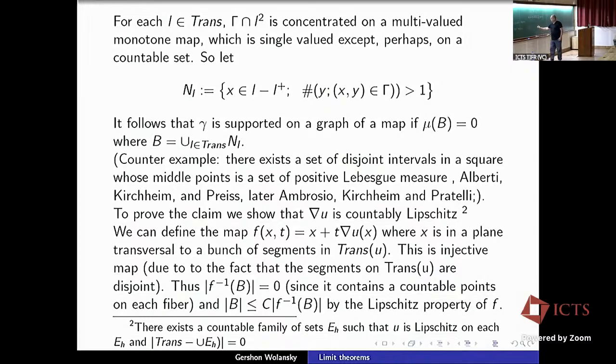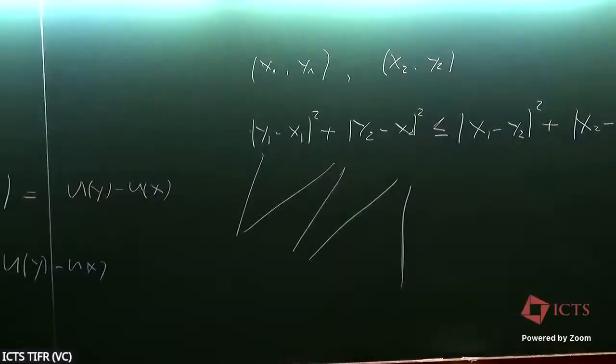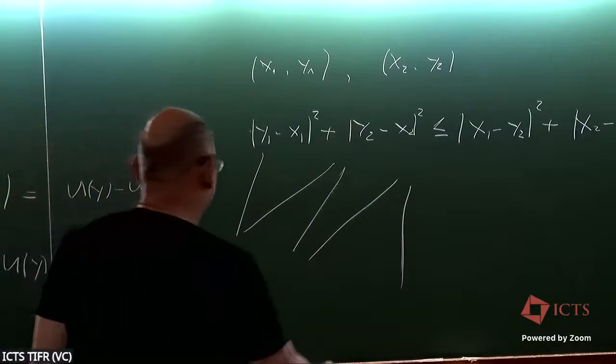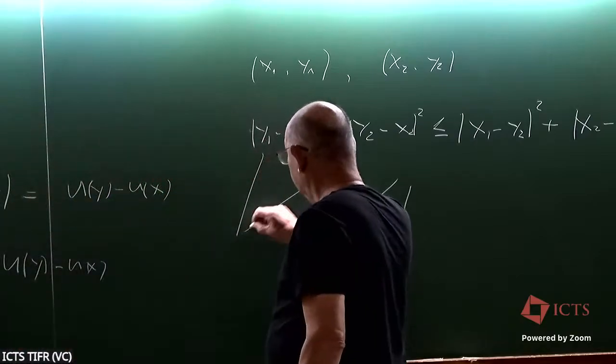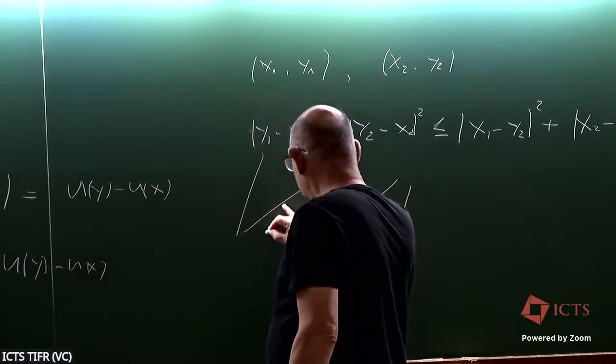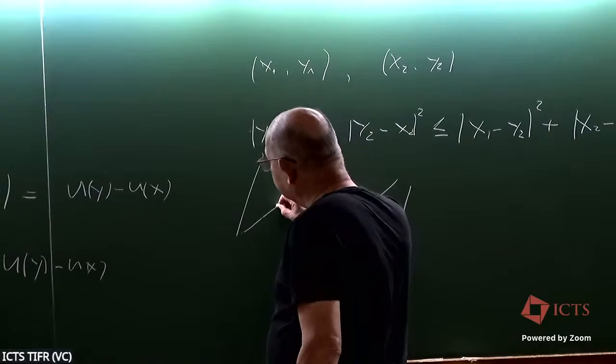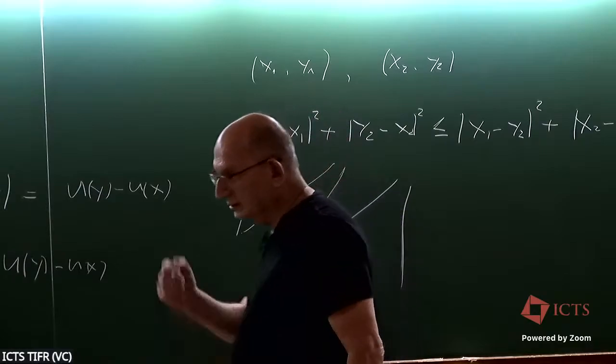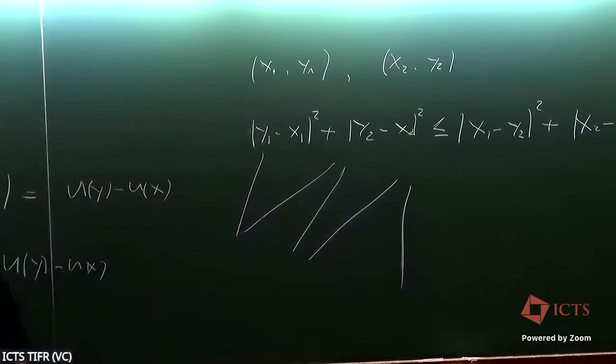The picture: we have a bunch of transport lines. We know that they don't intersect each other, because if they intersect, it violates differentiability. They can intersect only at the end, not in the middle, because in the middle they're all differentiable. If they intersect, then there are two gradients at a point, which is impossible.